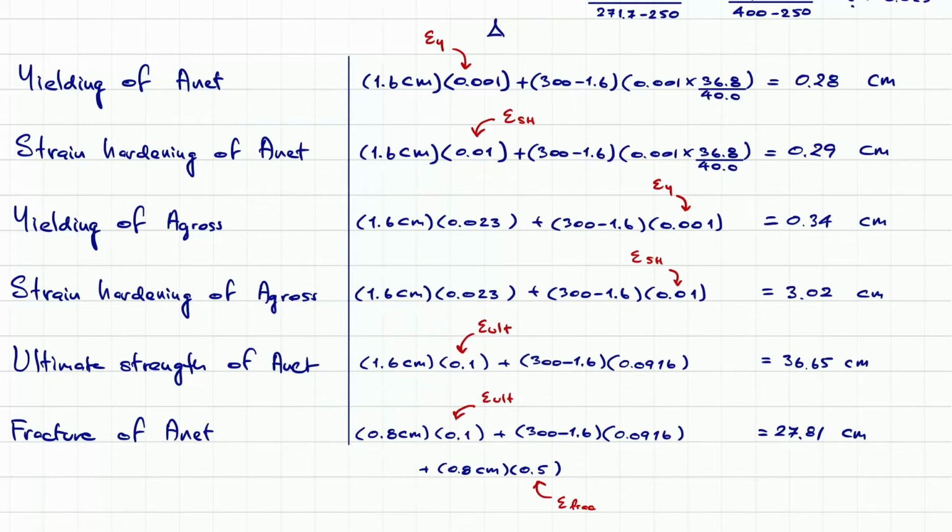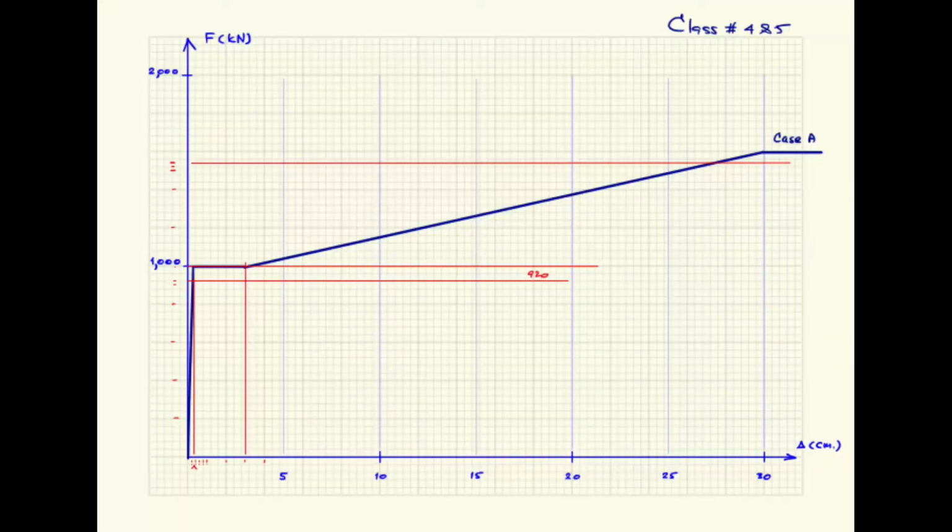How about the top one? 1.6 times 0.1 plus 298.4 times 0.0916. 27.49. Okie dokie. 27.49.